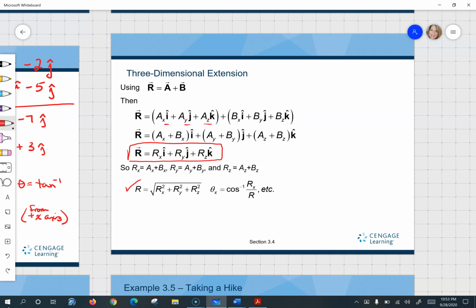You could find the magnitude of that resultant. You can expand your Pythagorean theorem into 3 dimensions. And then you would have your angles for each direction separately. So you could find your x direction, you could find your y direction by using the magnitude, etc., etc.